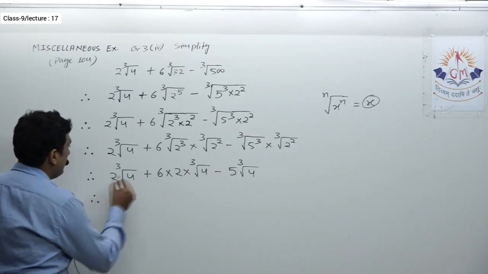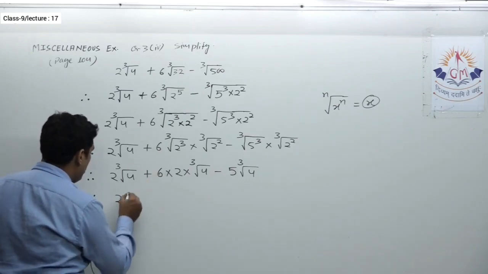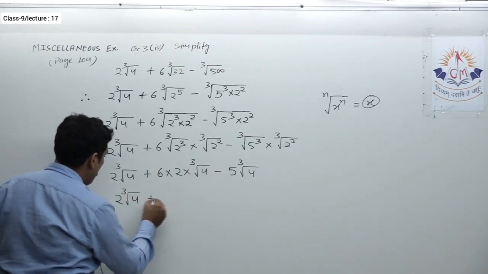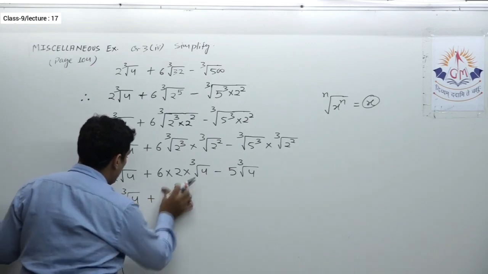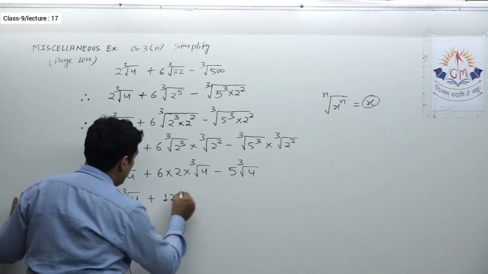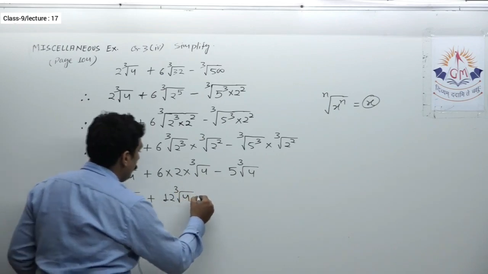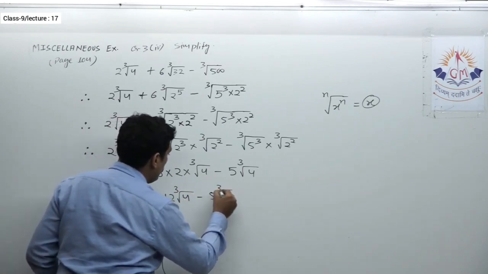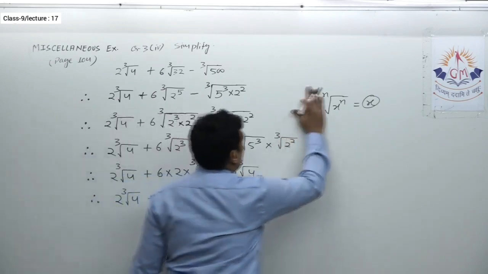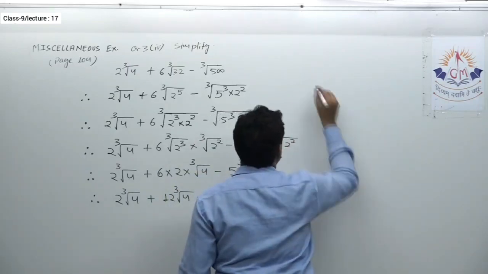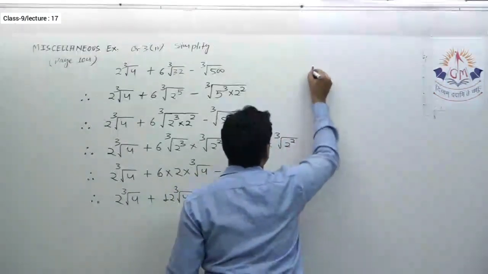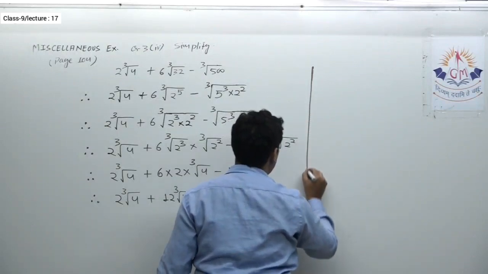Now again these are the like terms. So this is 2 into cube root of 4 plus 6 into 2, 12 into cube root of 4, minus 5 into cube root of 4. Further, this is almost done, only one or two steps are left.